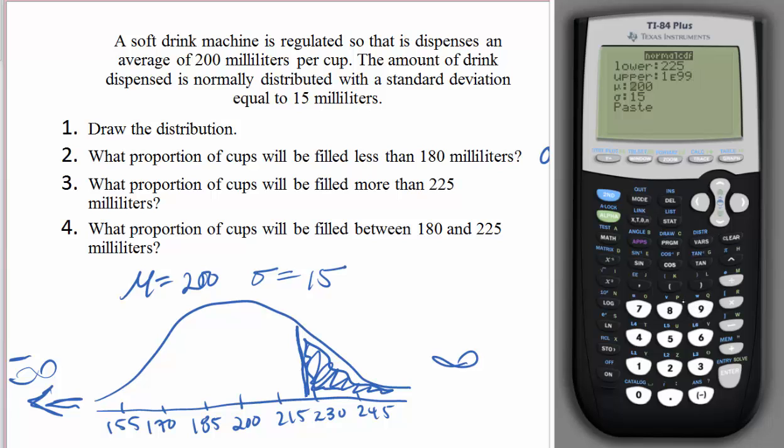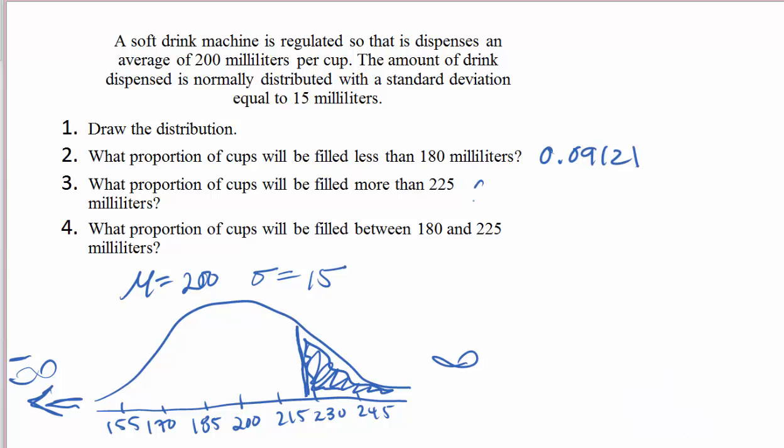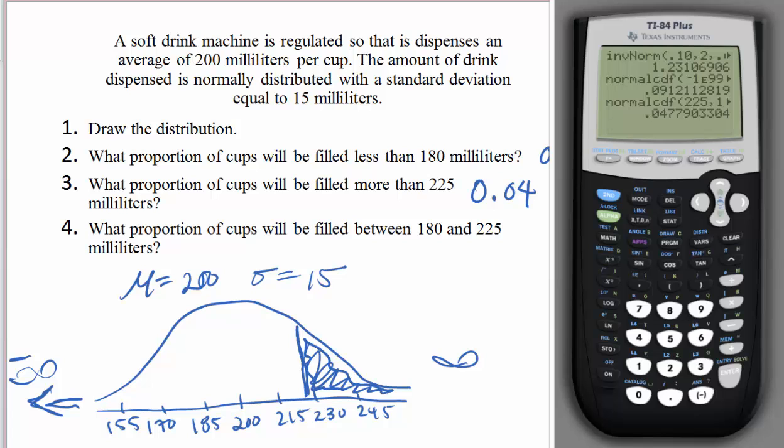Essentially just a really large number. Our mean is 200, and our standard deviation is 15. It's already filled in for us. Press enter or paste, and we'll get a proportion of 0.04779.